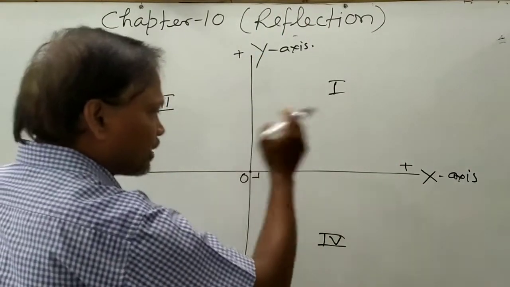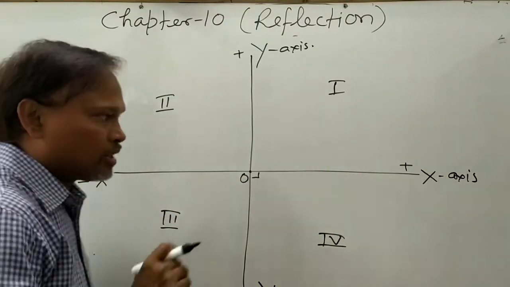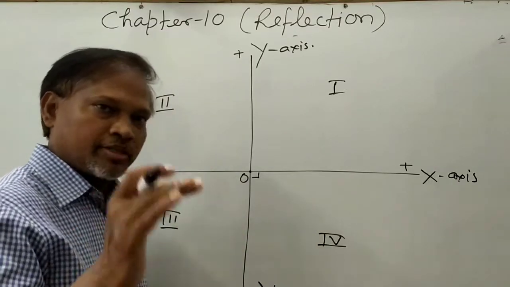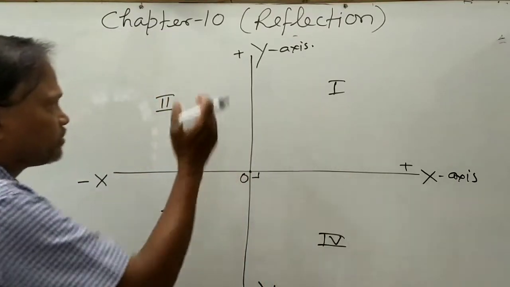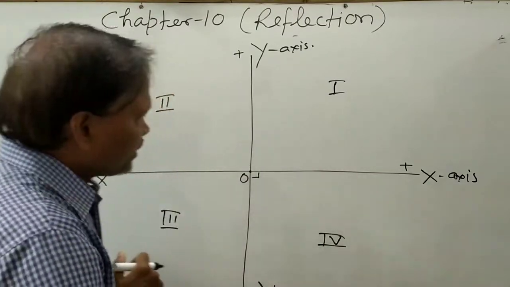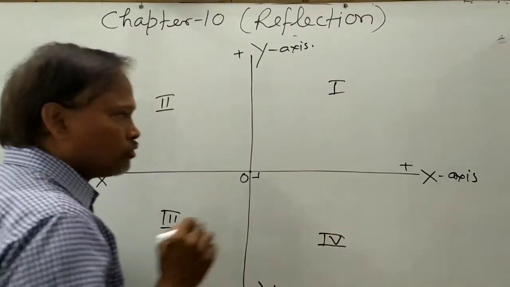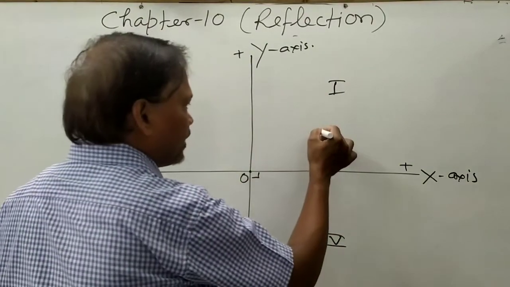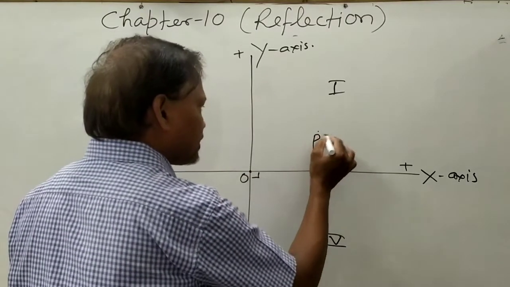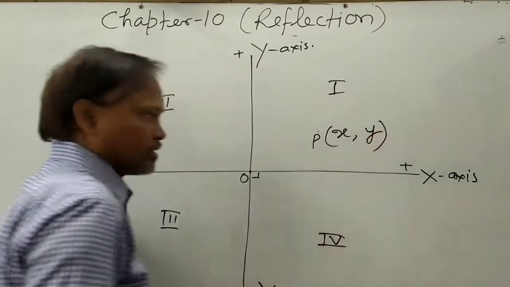So these are the four parts. From the origin we compare the parts and you can tell where you get the positive x, where you get the negative x, where you get the positive y, and where you get the negative y. But how to plot the point? Do you know what is a point? Point is here, suppose, but this point is meaningless without its coordinates.